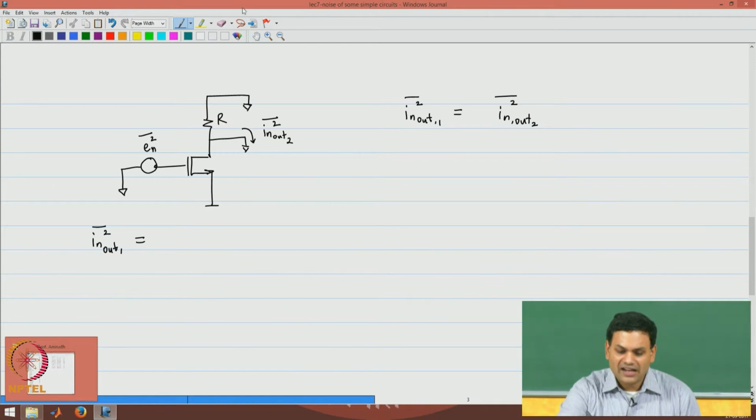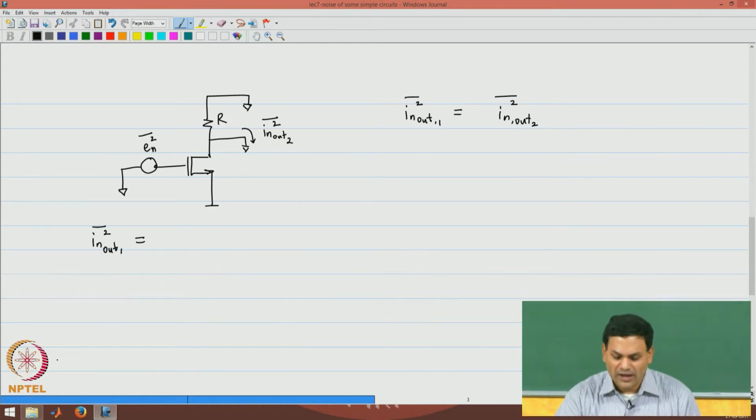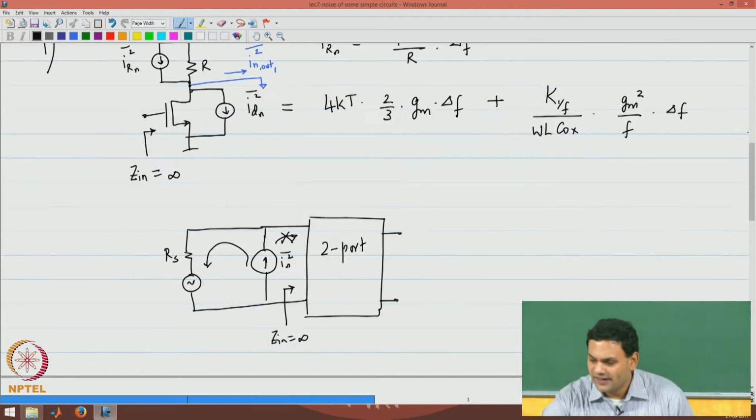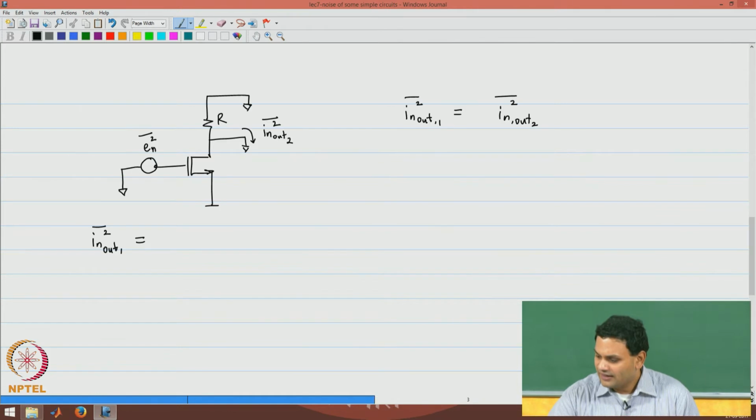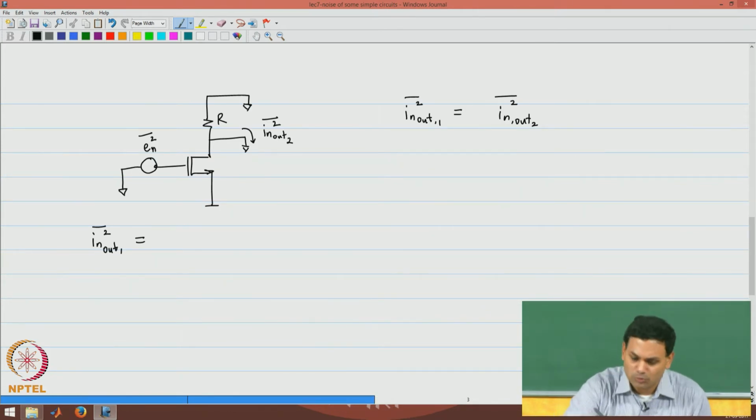Clearly, In out squared 1 should be the sum of the noises of the MOSFET and the resistor. And since the noise of the MOSFET and the resistor are completely uncorrelated, I can add the mean squared values at the output.